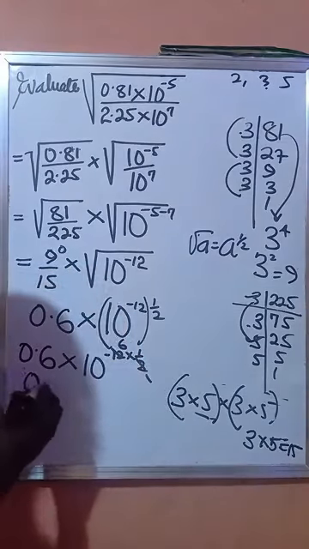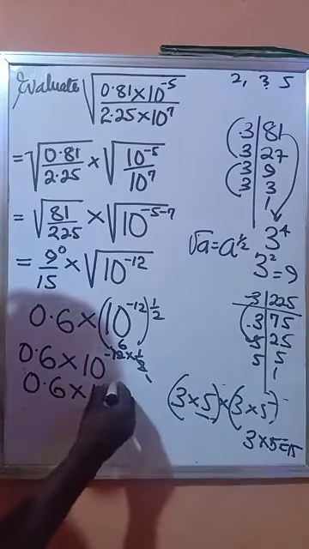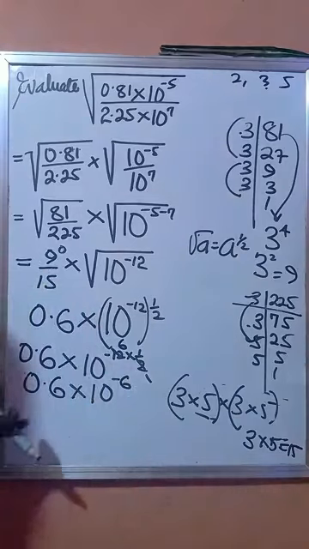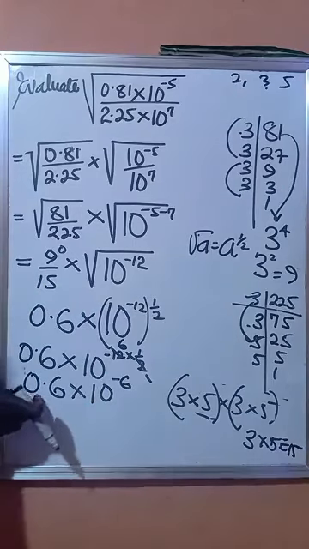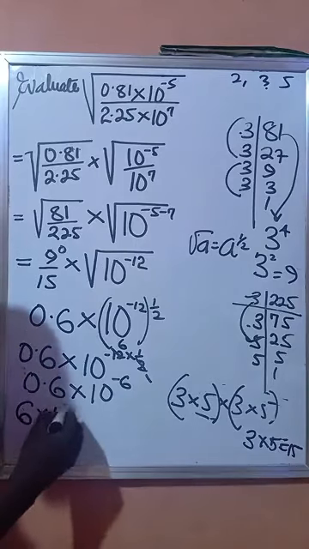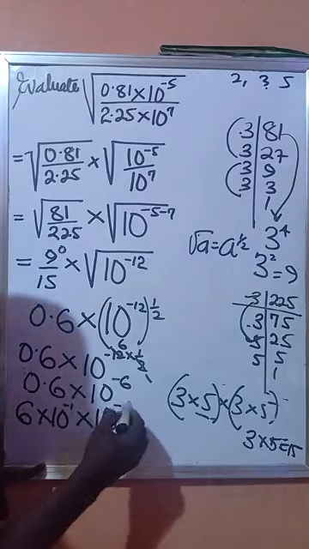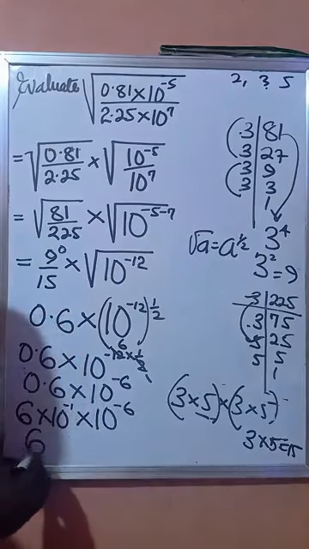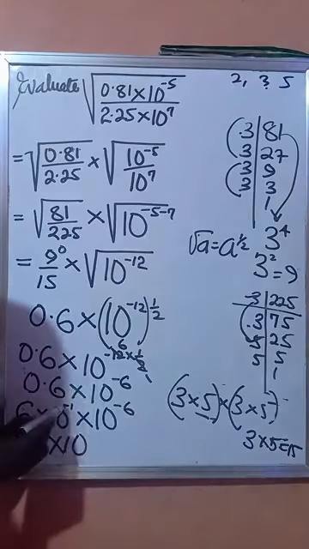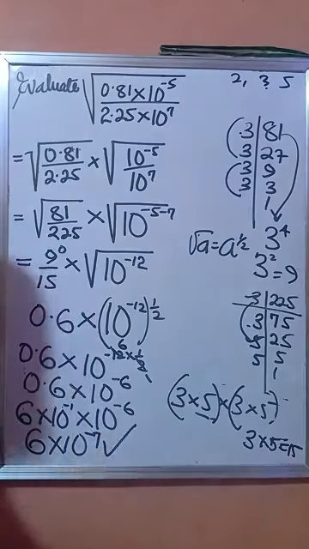This is 0.6 times 10 raised to the power minus 6. Now, 0.6 is the same as 6 times 10 to the power minus 1. So, multiply it again times 10 to the power minus 6. That is 6 times 10 to the power minus 1 minus 6, which is minus 7, as before.